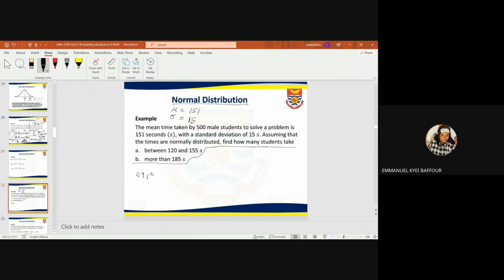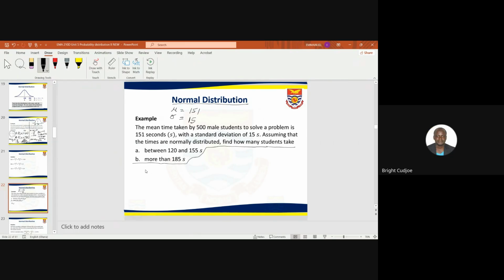So it means that all those that will take 119.5 seconds will also be part of this category. We have to cater for that because this is a continuous distribution. So that is where we will start from first.